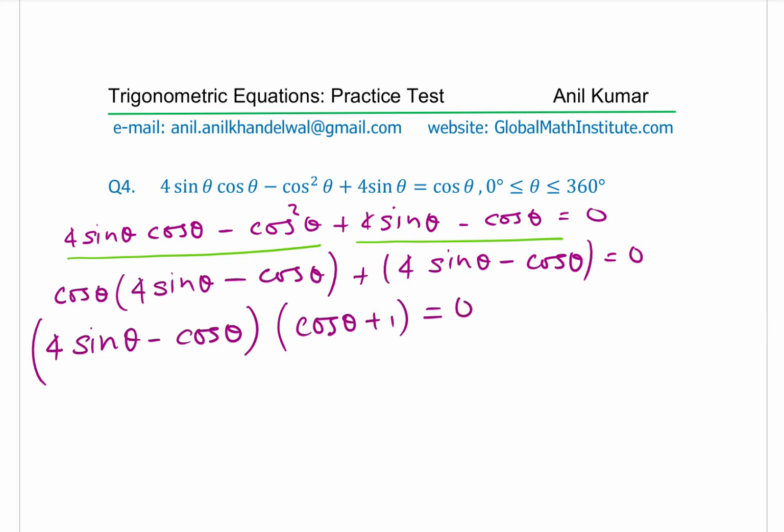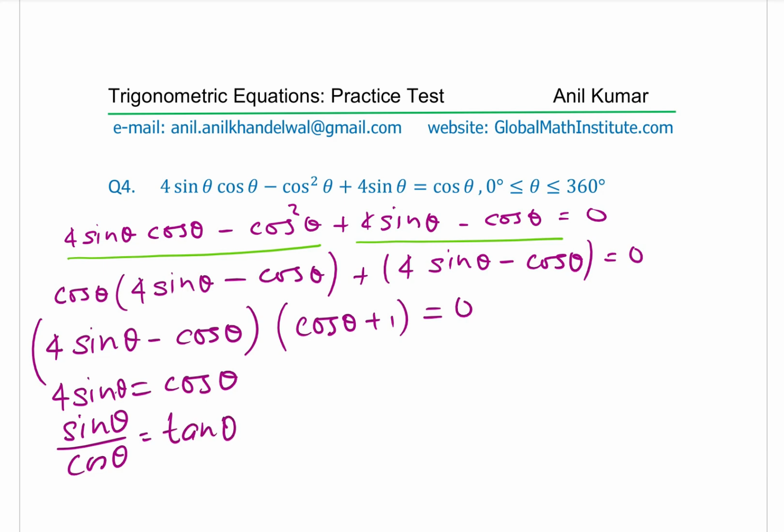So here again, the solution could be 4 sine theta equals to cos theta, which actually says that sine theta over cos theta, which is tan theta, I'm writing in one line, equals to 1 over 4, correct? On the other hand, we have cos theta equals to minus 1. So those are the two values.